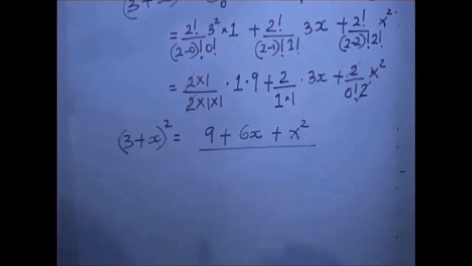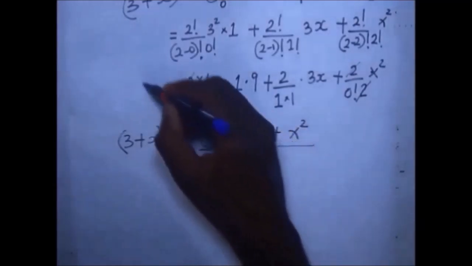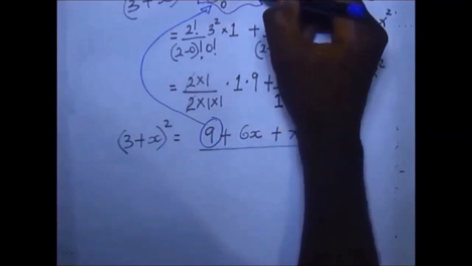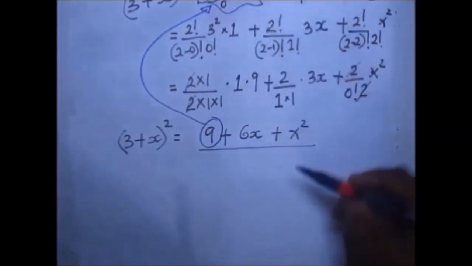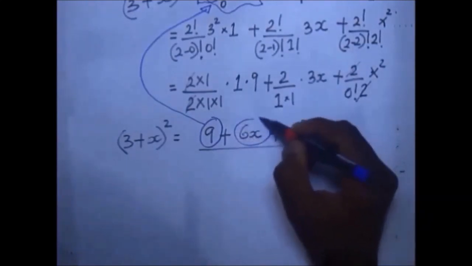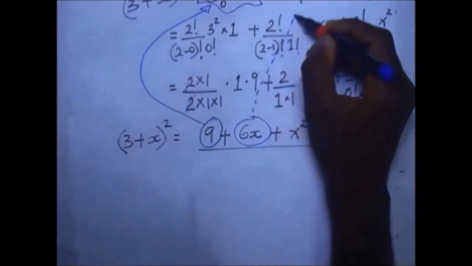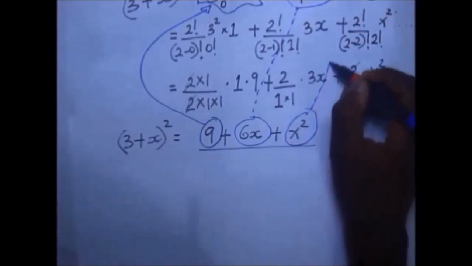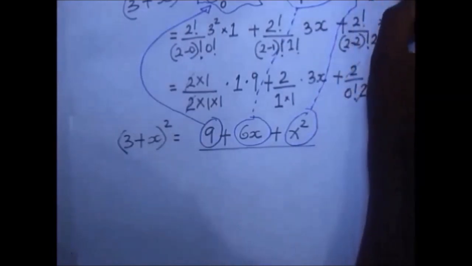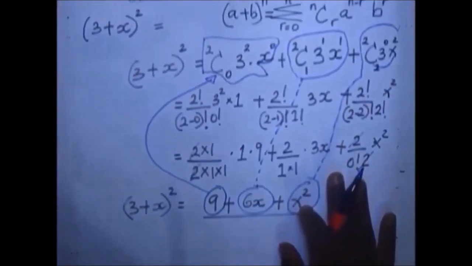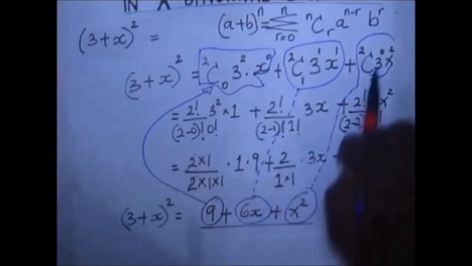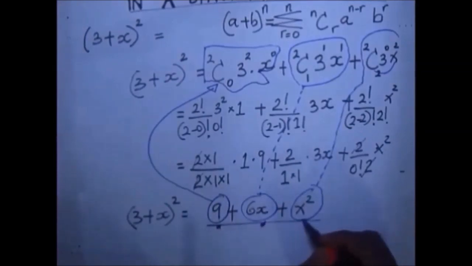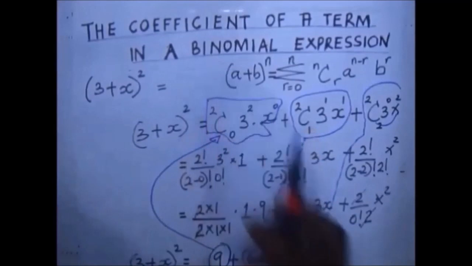So now if you realize, we got this 9 from this, this whole thing, we got this 6x from this, and also we got this x squared from this. What am I trying to show you? I'm trying to show you that we got this 9 from that, this from that, this from that. That is how we are able to get those terms. So now these are what we are calling the terms of the binomial expression.